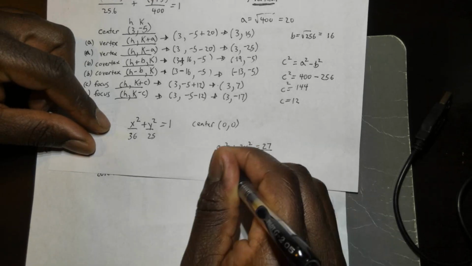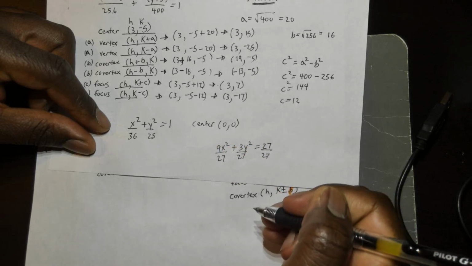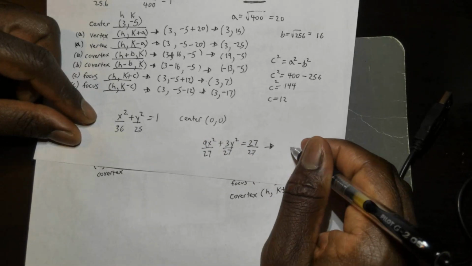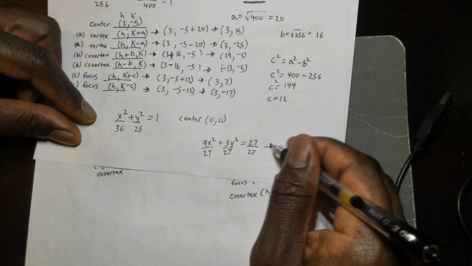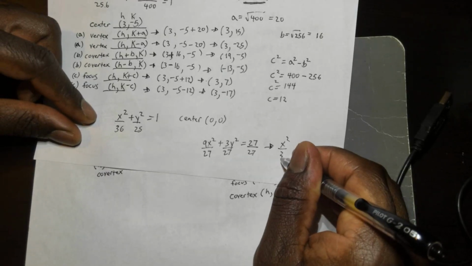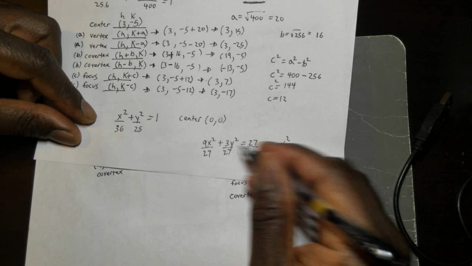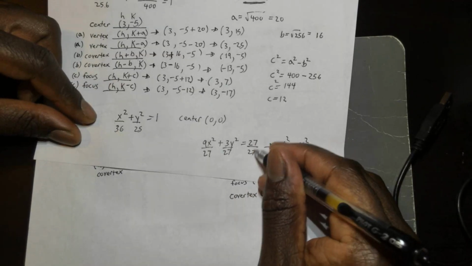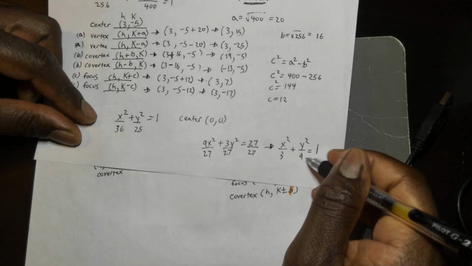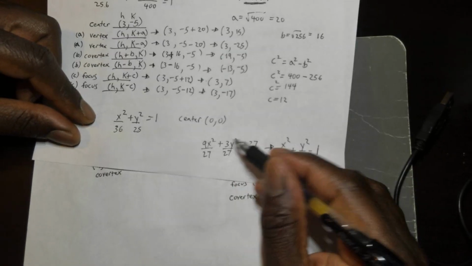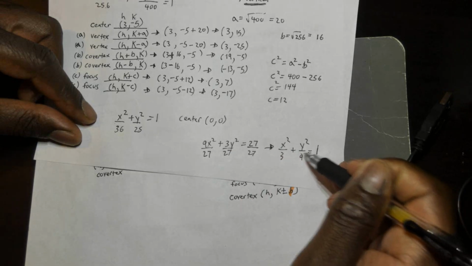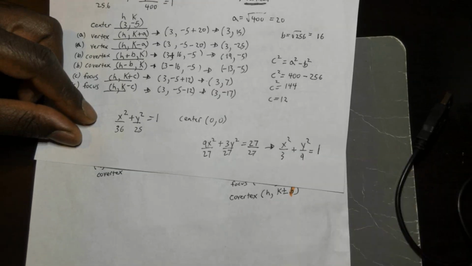So if you ever see anything like this, that's what you'd have to do. And what would happen next is this would divide and you'd have x squared over 3. This would divide and you'd have y squared over 9. And then this would divide and that would be 1. So you can always change these kind of equations that we started with over here to your normal ellipse equations, which are always going to equal 1.